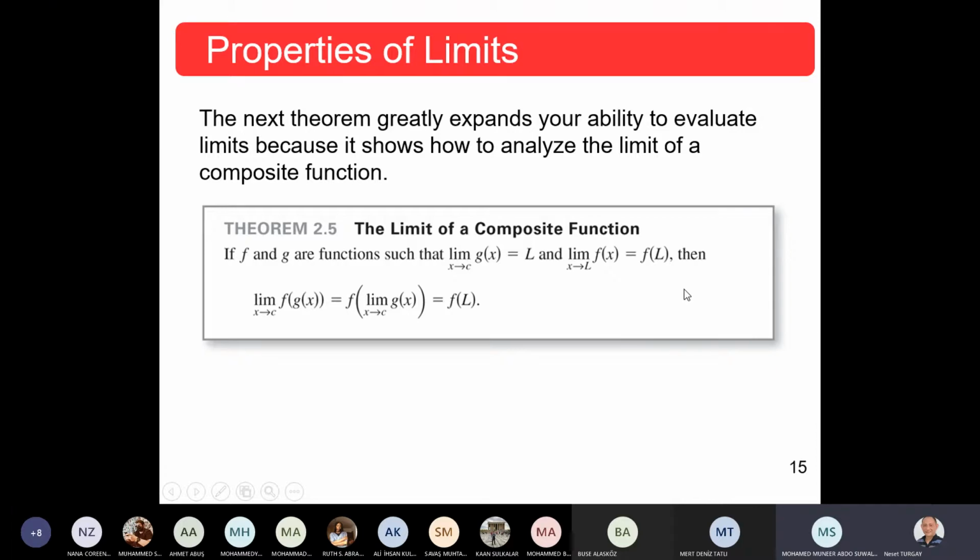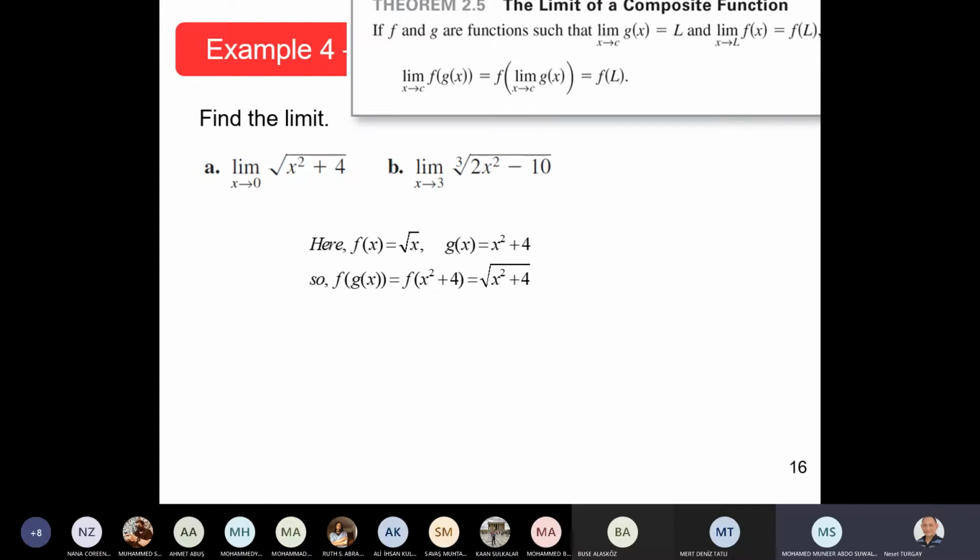Now I will solve one question. When we are answering this, we are actually using this theorem. Quickly, you can give the answer, and using this theorem, we can understand what is behind this quick operation.